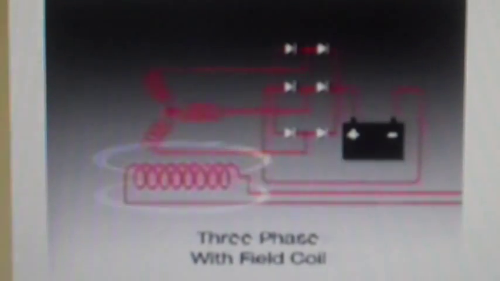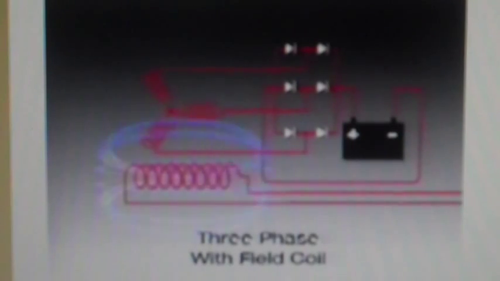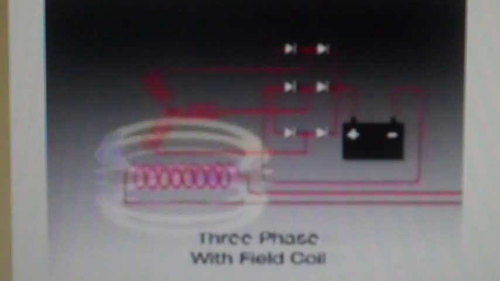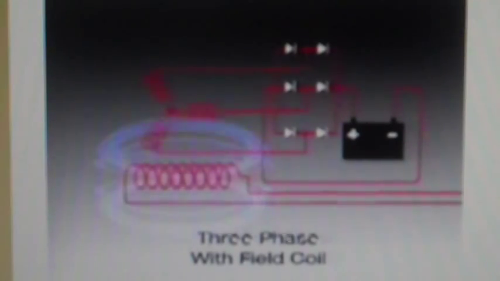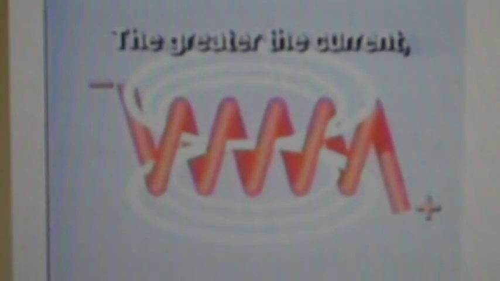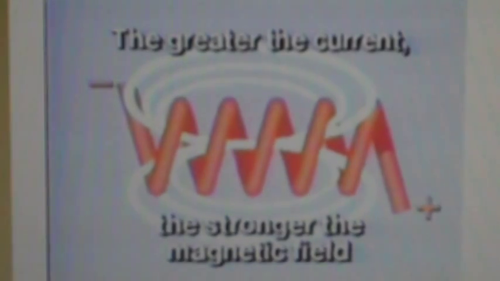The 4th and final alternator design uses an electromagnetic field coil in place of a permanent magnet. A magnetic field is also created when current flows through a conductor, such as a copper wire. The greater the current flow through the wire, the stronger the magnetic field.